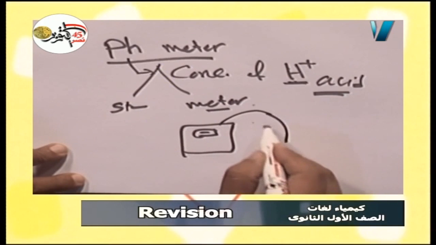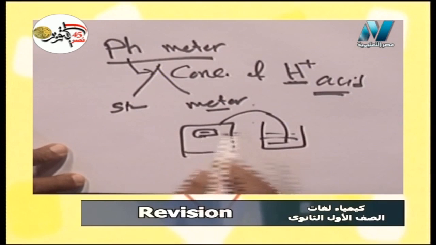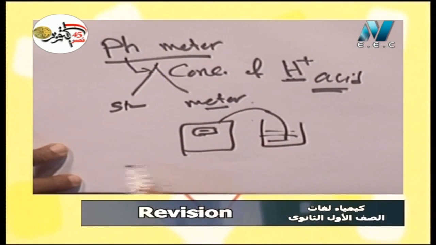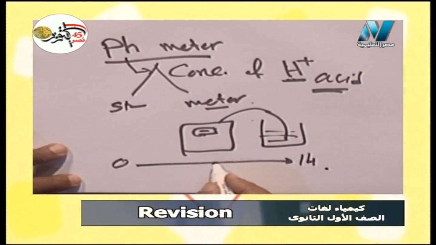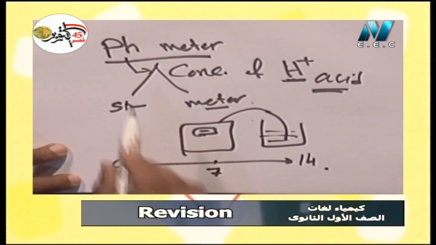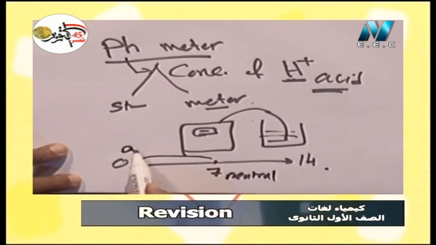We put this antenna in the solution, and the reading ranges from 0 to 14 only, not more than 14. What does it mean? In the middle is 7. So if the pH of a solution is 7, this means the solution is neutral. And if it is less than 7, it will be acidic.